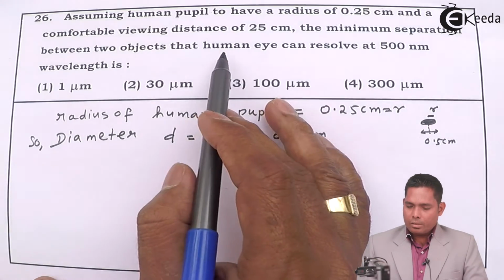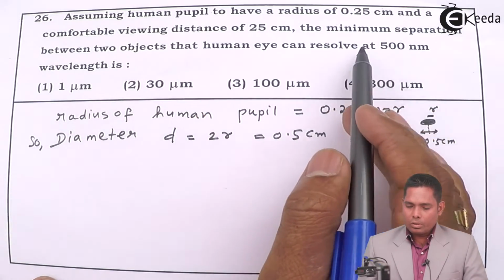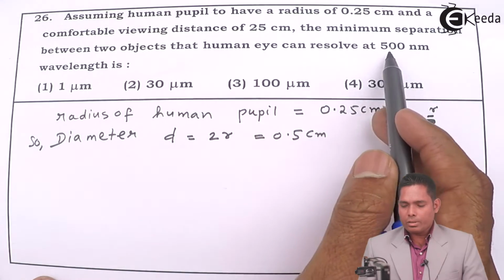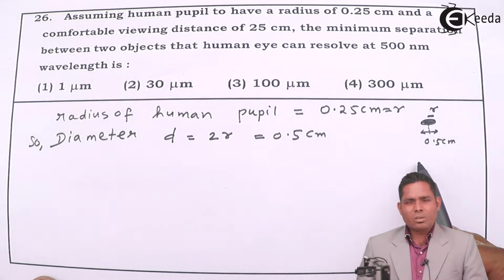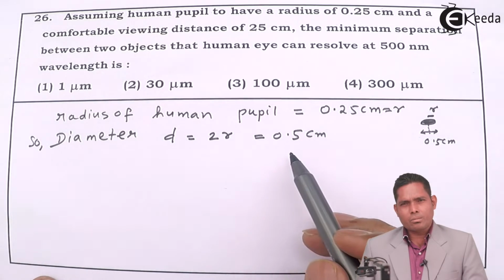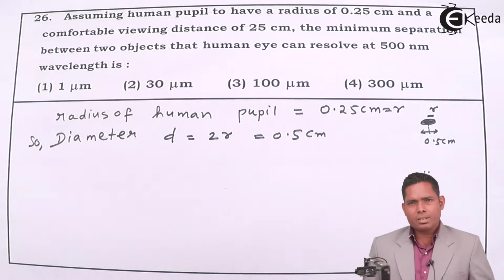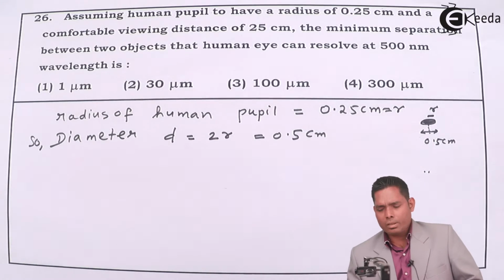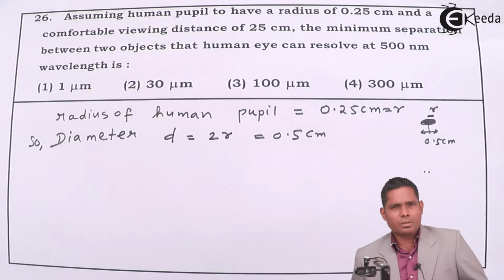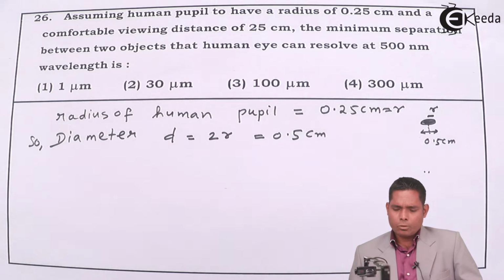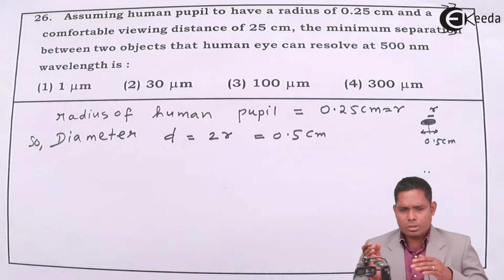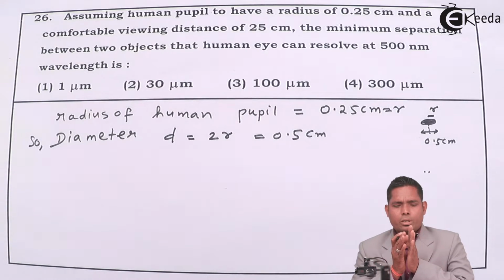Now what is given is the wavelength to be resolved. The minimum separation of two objects that the human eye can resolve is this. That means the distance is not in millimeter here, it is in nanometer terms. If the distance is in some millimeter, then we can resolve it because our meter scale is also in mm, and even much below that in slide calipers and screw gauges. So it says the minimum distance that you can bring the two objects closer and we can just resolve.